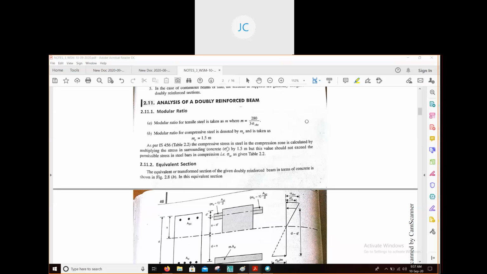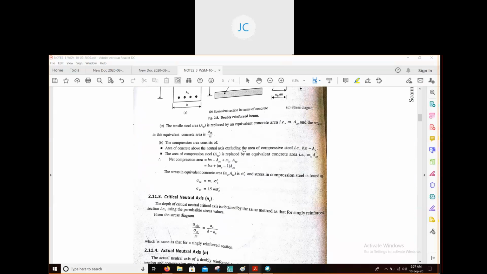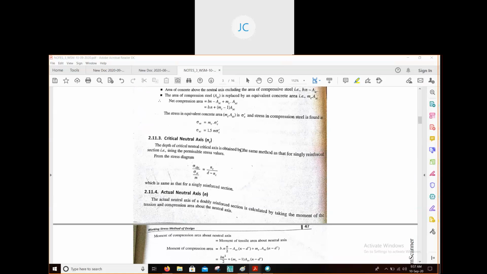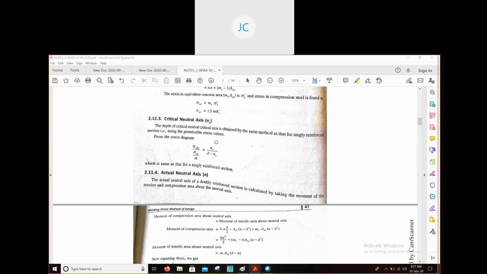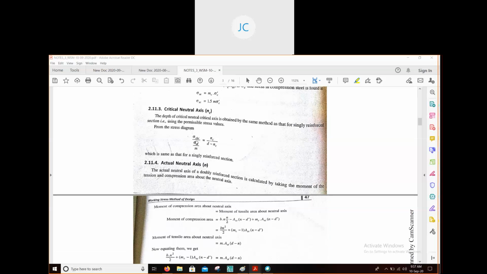Okay, so now you can see the formula. Directly we will go through the formula. You can see here the stress in compressive steel. Critical neutral axis, same formula, which we have used in the last class and in the previous problems.